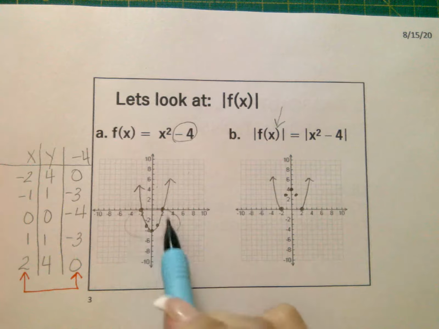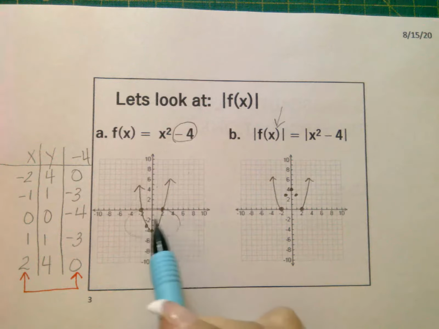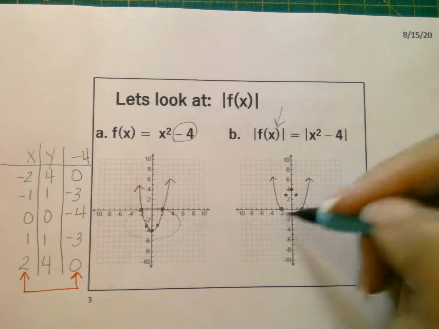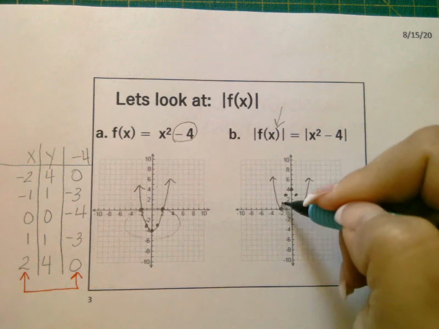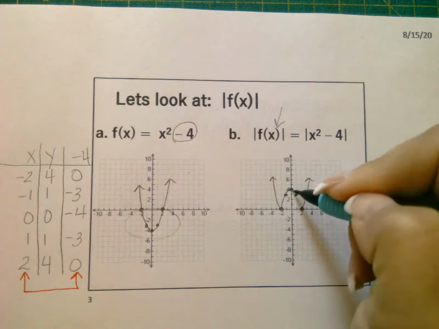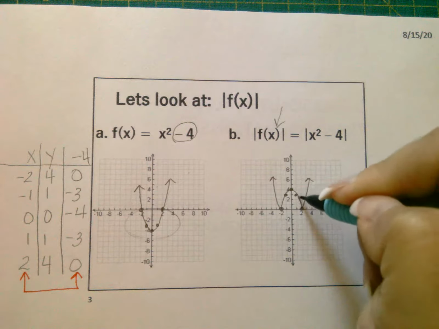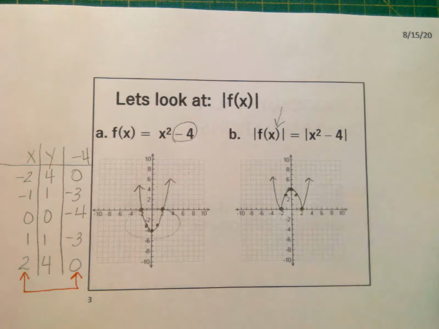And so you see this bottom portion shape to the parabola is now up above the x-axis. We're just going to recreate that shape from the points that we reflected. So that graph now in B has taken the absolute value of the entire function.